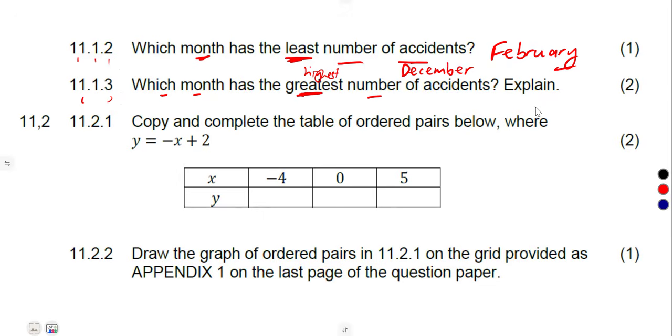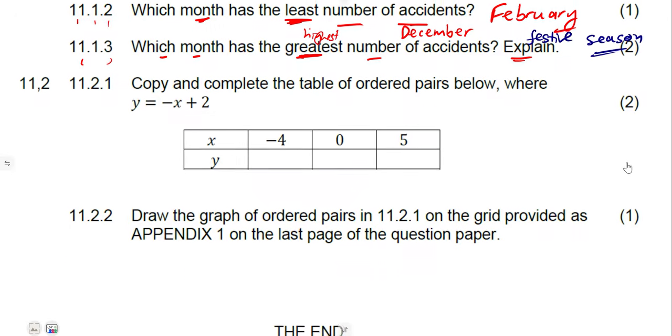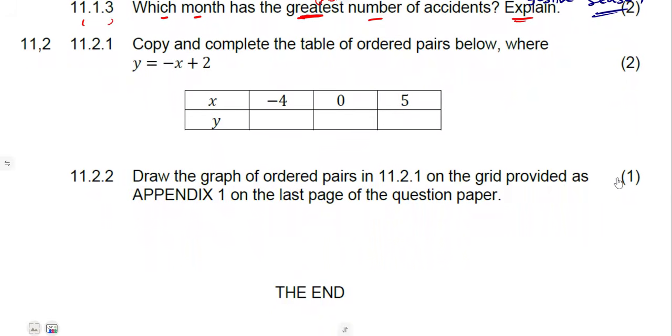They are also saying, explain why we have the highest number of accidents in December. Remember, December is a festive, holiday season, where almost everyone is on holiday. So that's an effect of that.